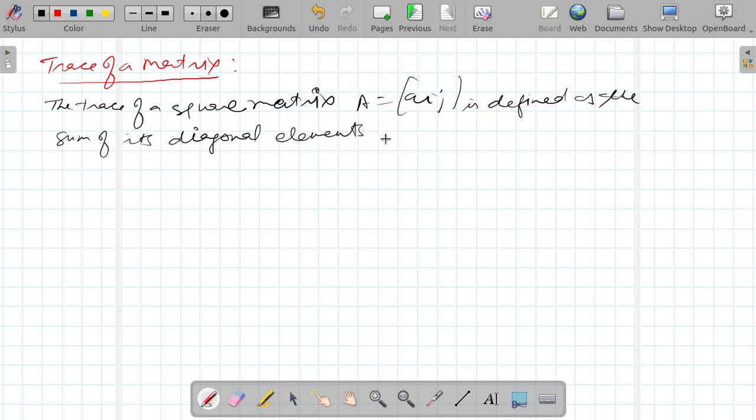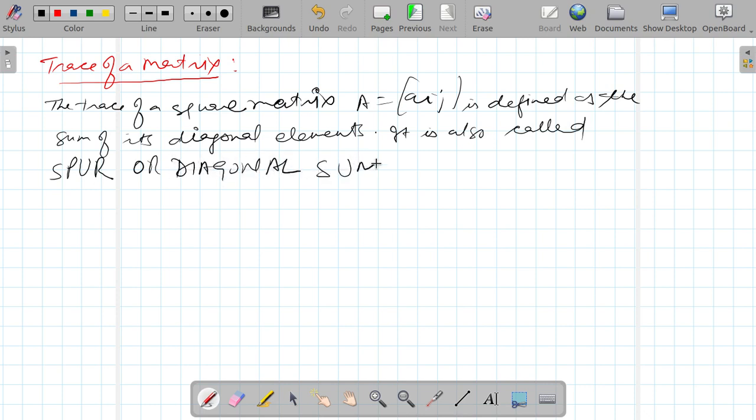It is also called spur or diagonal sum. So the trace of a matrix, or the spur of a matrix, can be written as summation i equals 1 to n of aii, meaning the sum of all the diagonal elements.